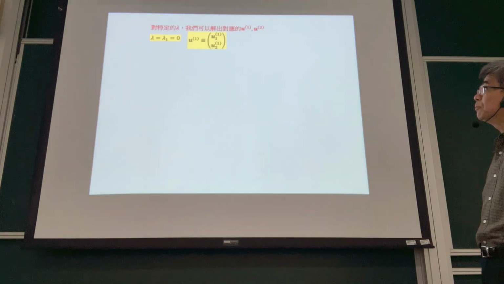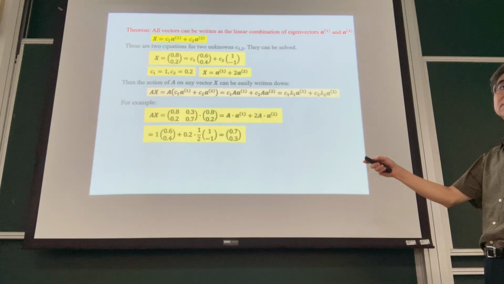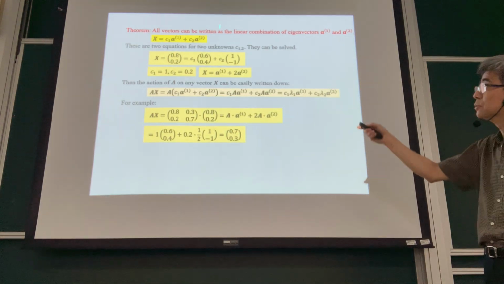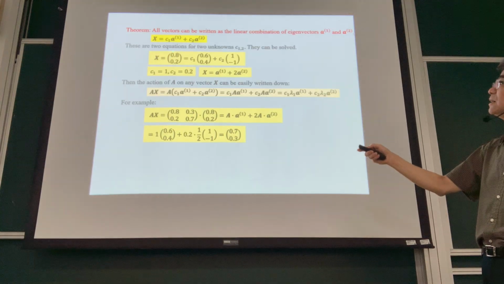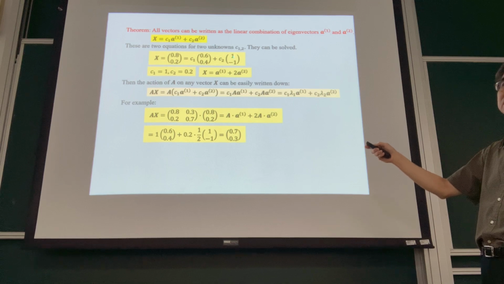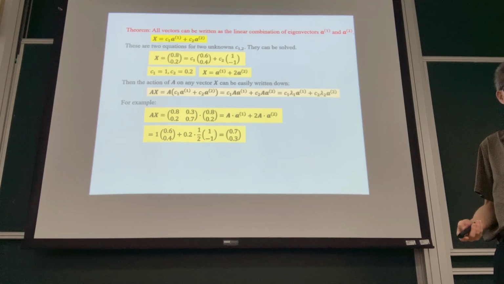Now, if I chose any vector, 0.8, 0.2, you can choose your own and do the exercise. Then you can decompose this into a linear combination of this plus this. I will show you how to determine C1 and C2, but you know how to do it, right?